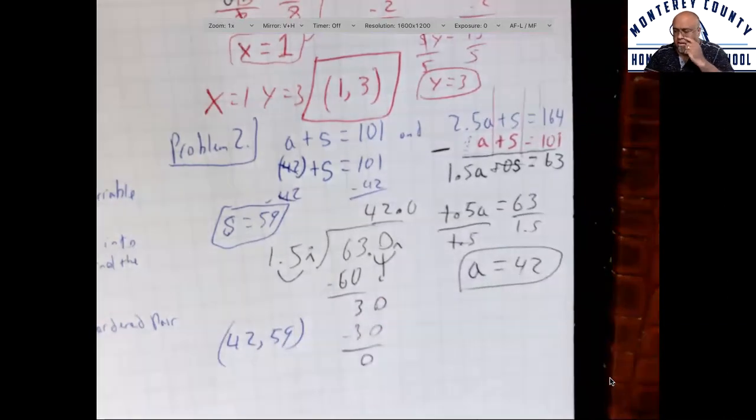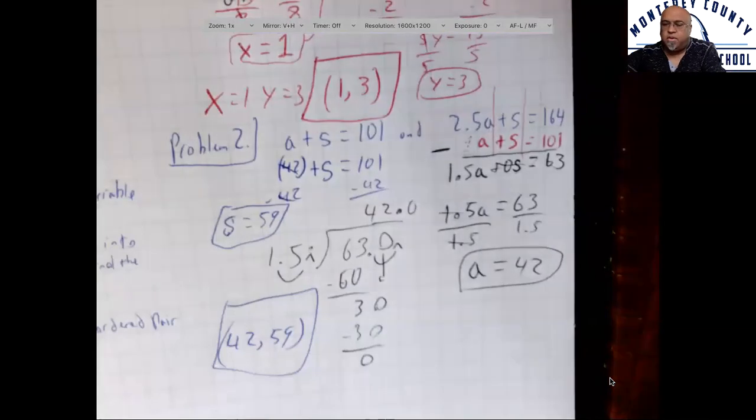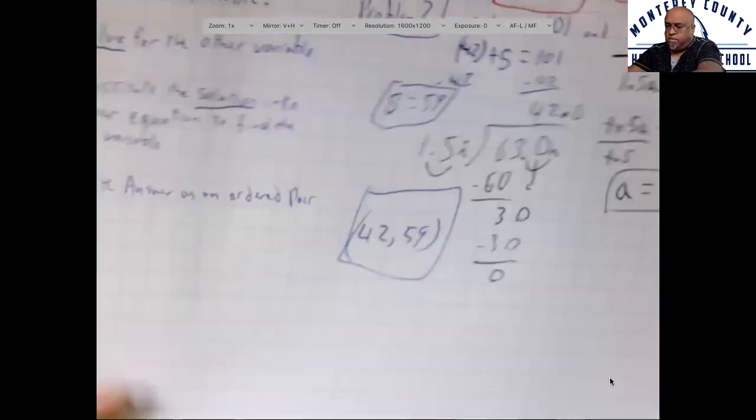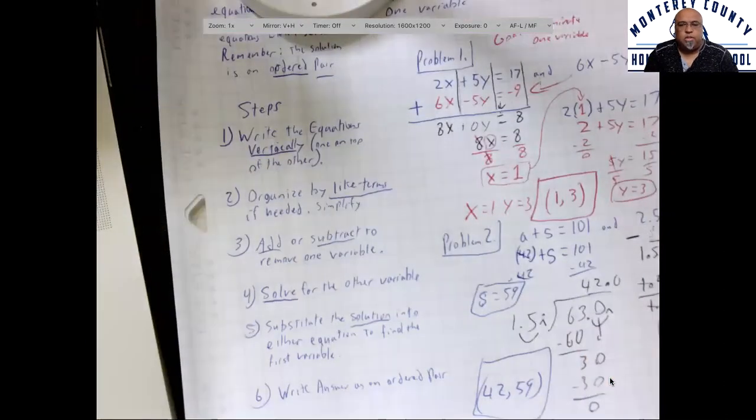Okay, so now I hope you can see how we got the answers. Let me just review the steps one last time. Number 1, write the equations vertically, put one on top of the other. Organize by like terms unless they are already organized for you. Add or subtract to remove one variable, but remember we're adding or subtracting the entire equation from the other equation by like term.